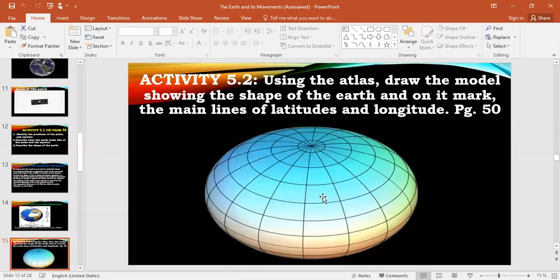A question from Nakalema: should we draw with the compass? Nakalema, remember we said, what do you think? Please, if you're going to use the compass, use the compass so that you draw. If that's what you're going to use, we have no problem with that. But you remember the shape.